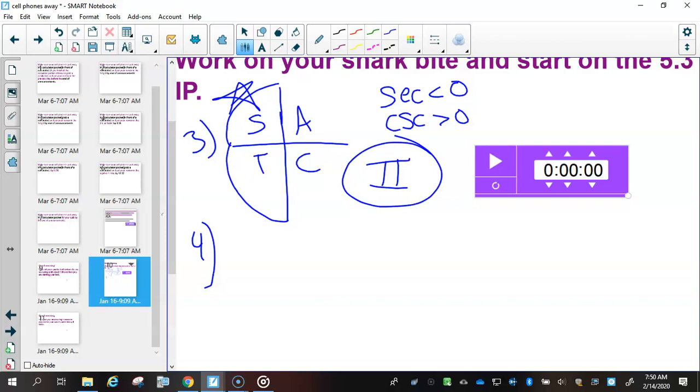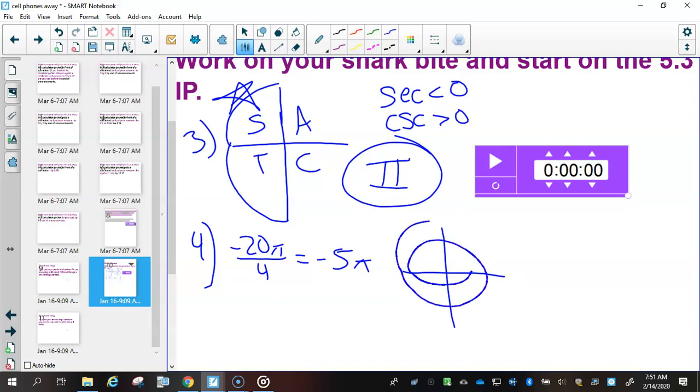For number 4, it says name the quadrant that this angle lies in. Well, this can be simplified to what? -5 pi. Okay, so this is going to lie on some axis. -5 pi would be 1, 2, 3, 4, 5, right there.